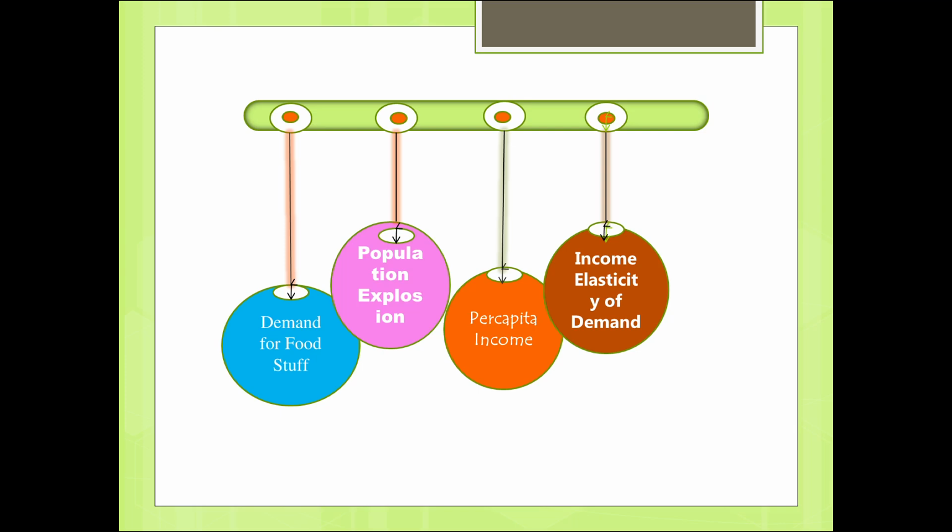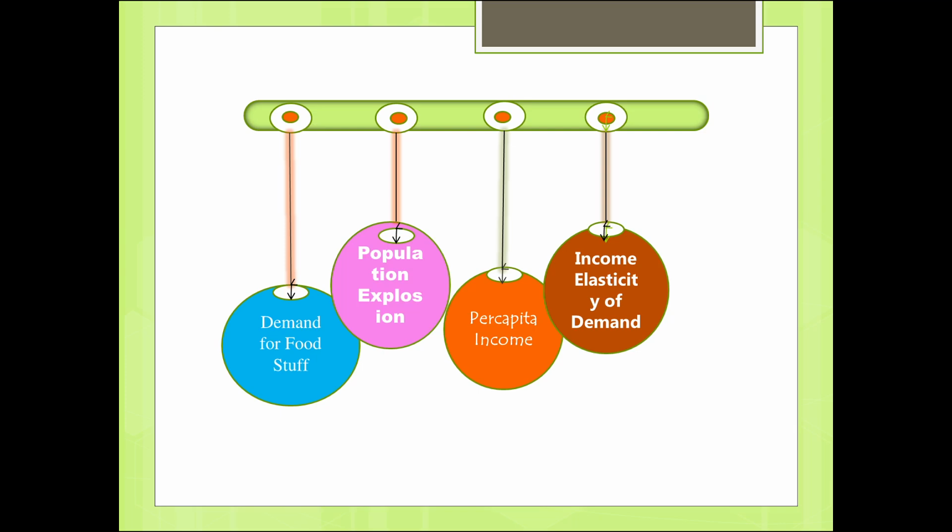This is symbolically denoted as D equal to P plus NG, where D is the demand for foodstuff, P is the population growth rate, G is per capita income, and N denotes income elasticity of demand.